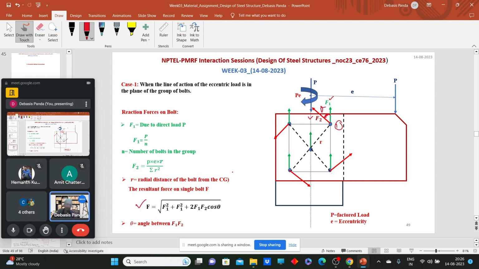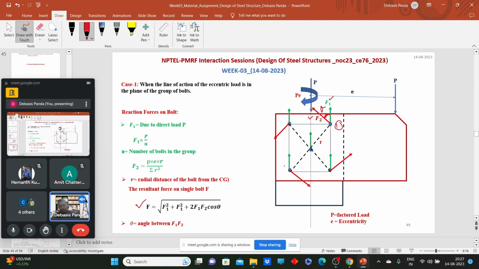Now we have understood that due to this type of eccentric connection, forces F1 and F2 will generate on the bolts. Now tell me, which bolt among these 5 bolts will experience more resultant force due to that eccentricity?